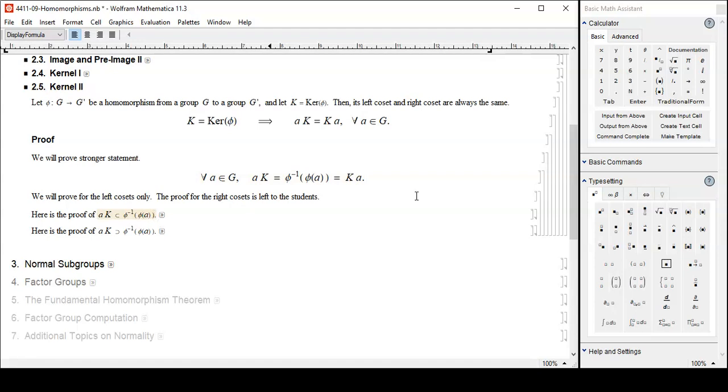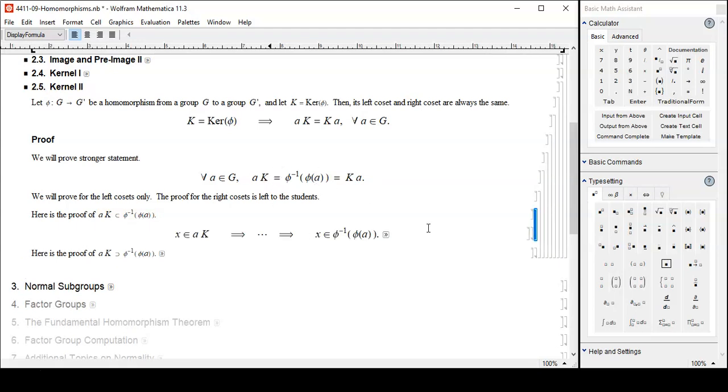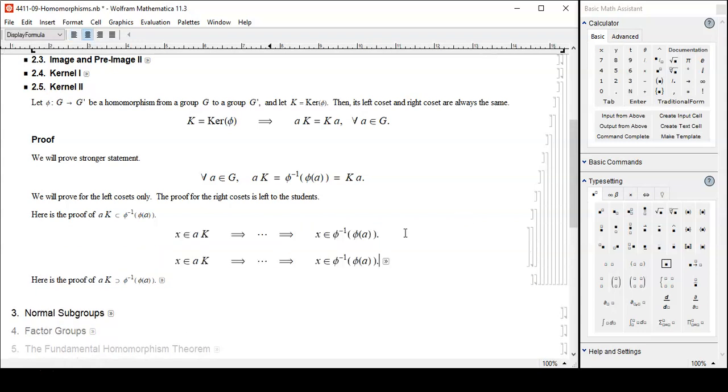How do you prove the first inclusion? We have to select an arbitrary element from aK, so a times a certain k, and prove that it belongs to this. Make sense? So select an element x from aK, and we have to prove that x belongs to this right-hand side expression. But then again, what do you mean by x belongs to aK?